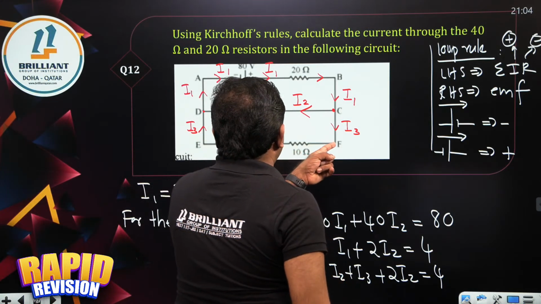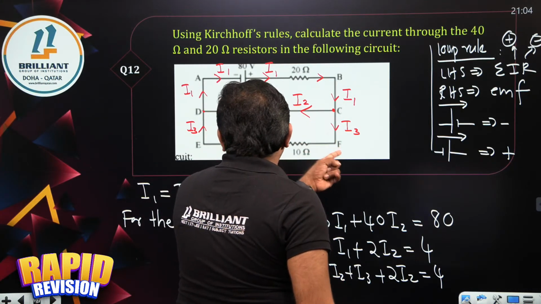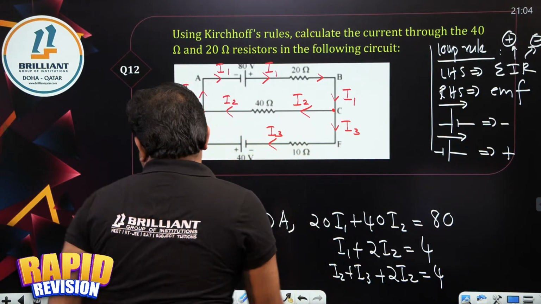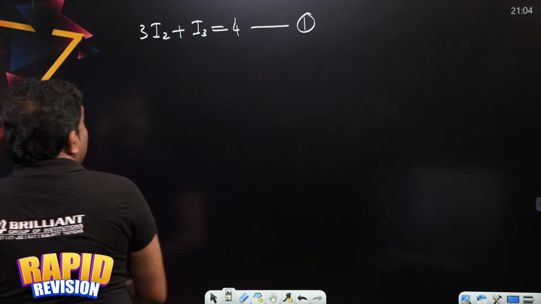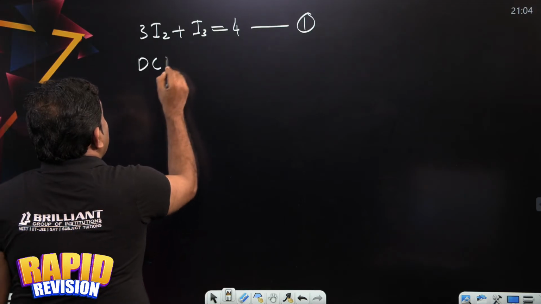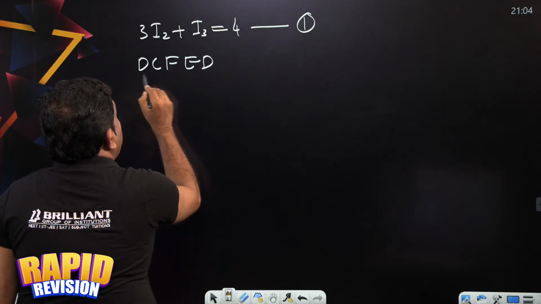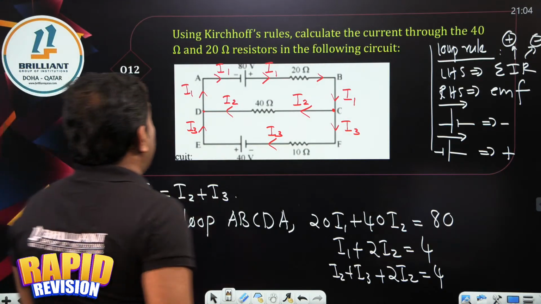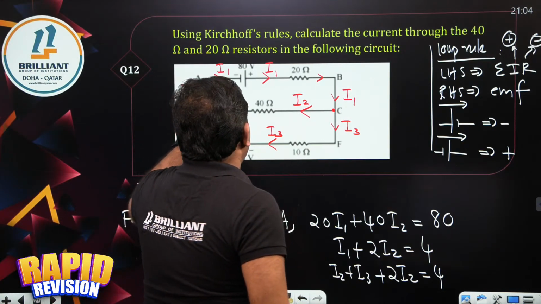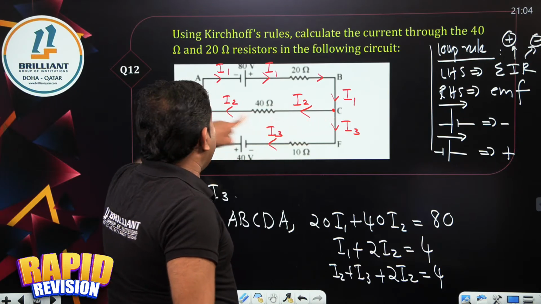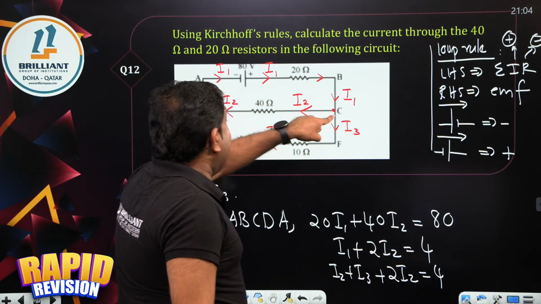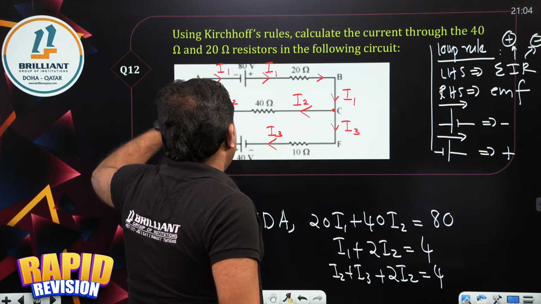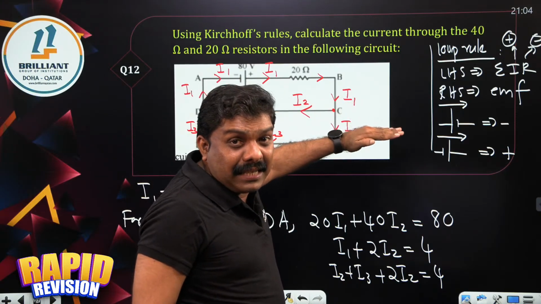Now in the same manner, we can find the next loop. I'm taking the loop DCFED. In DCFED, I'm moving from D to C. Take care. D to C. Current is moving from C to D. So it is in the opposite direction.